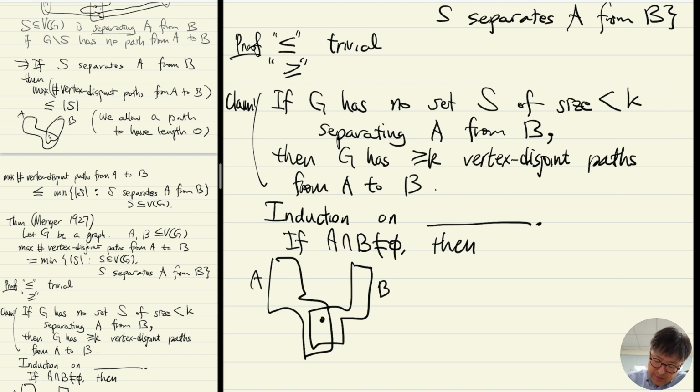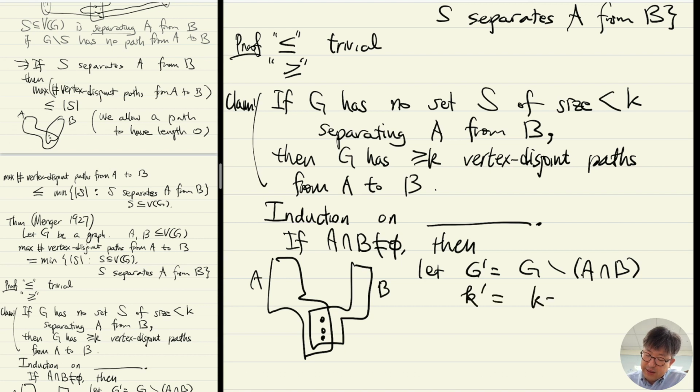If we have some elements here, what do we do? Then let G prime be the graph where we delete the common elements, A intersection B, and let K prime be K minus the size of A intersection B. So we delete this part from the graph G.